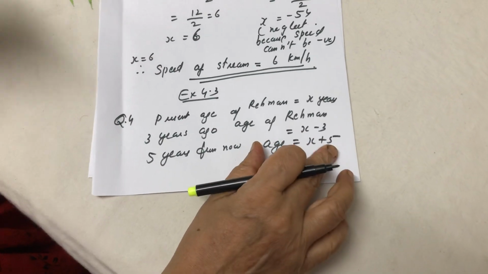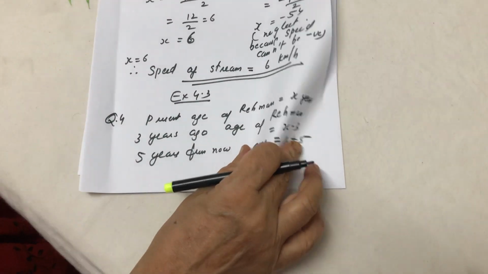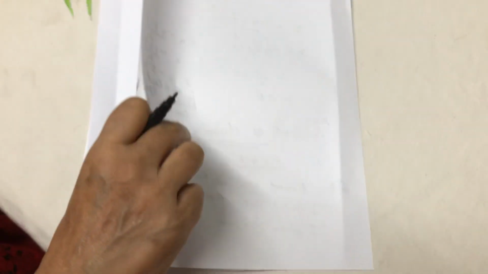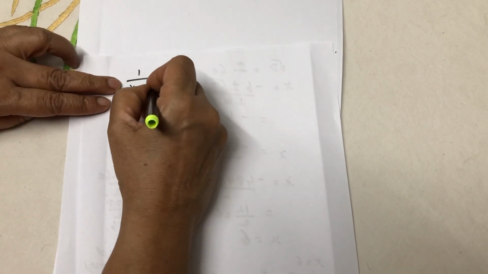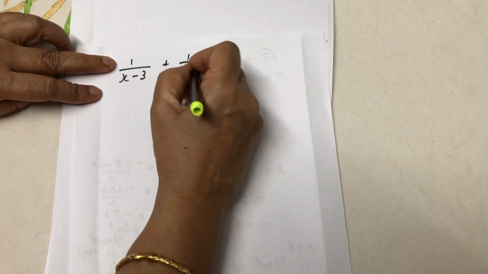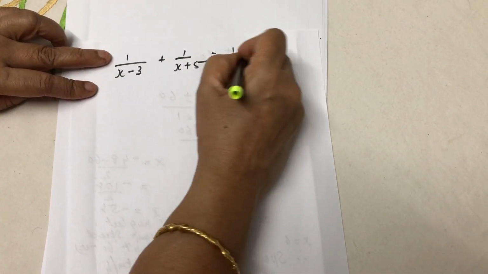So sum of the reciprocal of these two numbers is 1/3. That is, reciprocal is 1 by x minus 3 plus 1 by x plus 5 is 1/3.